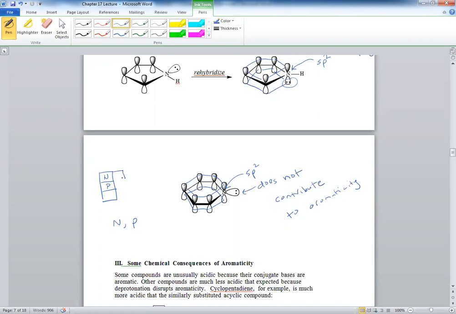We're also going to look at oxygen and sulfur. Let me delete this here. Oops, I deleted the whole thing. That's all right.